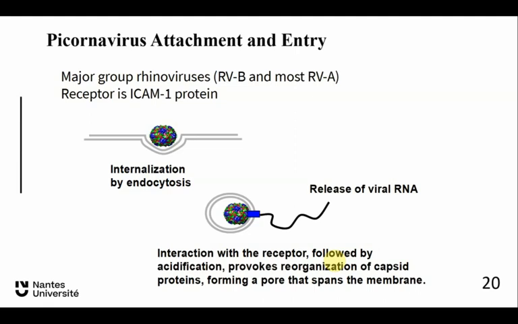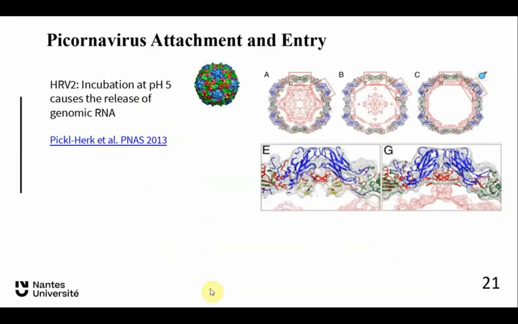So here, once again, you've got binding first, then internalization, entry, and then decapsidation as a third step. Okay, so let's have a look a little bit closer at how the capsid is reorganized.